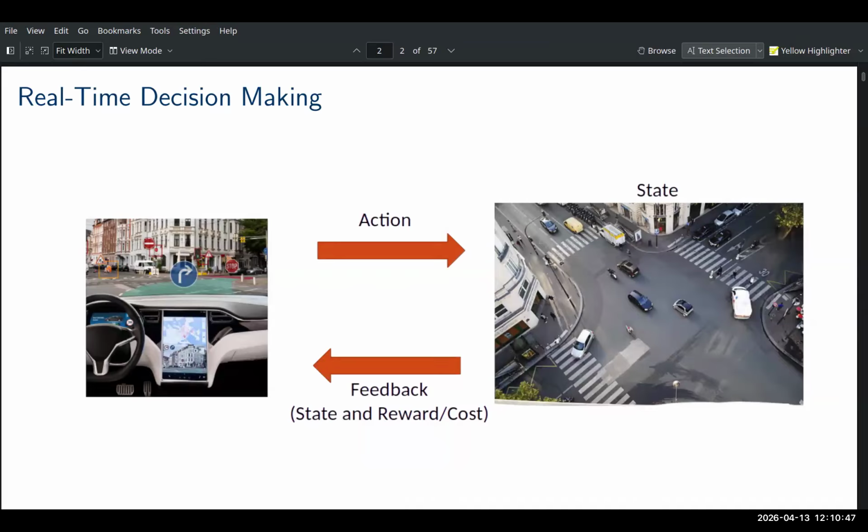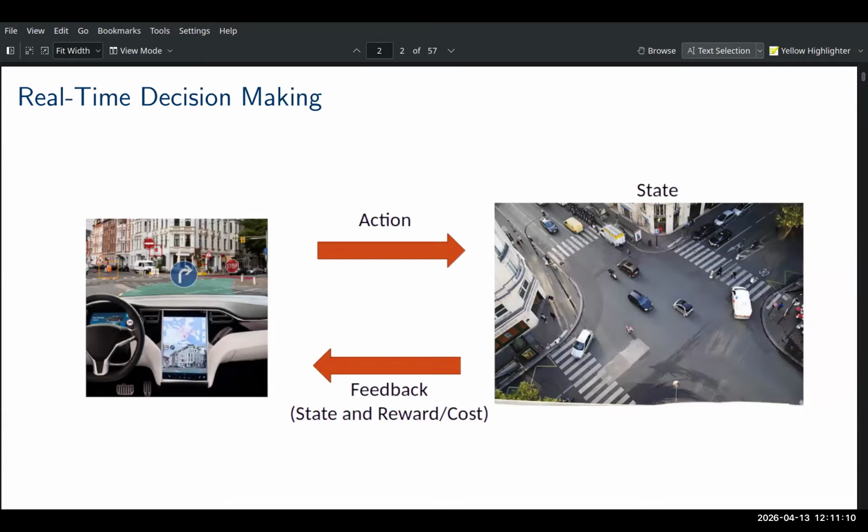For example, you can think of a self-driving car driving through traffic. It rotates the wheel, and as it does, the view of the camera changes. So based on the action, the underlying state of the world changes. It receives feedback in terms of the new state and also the reward or cost it has observed.